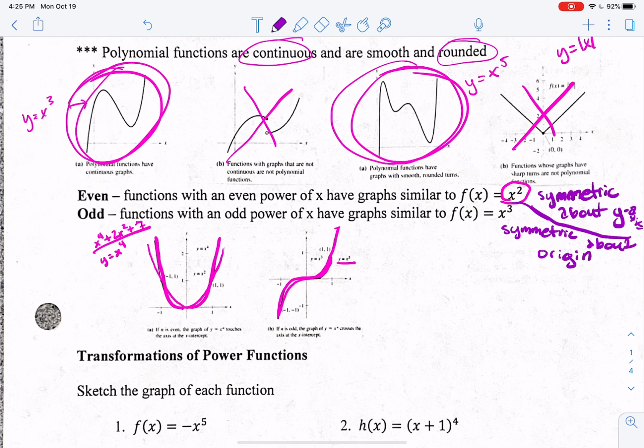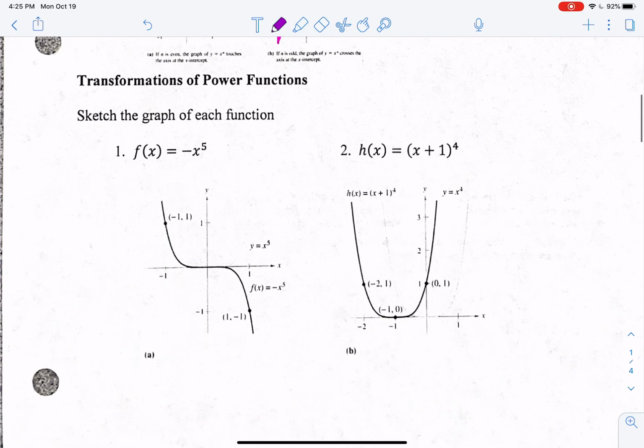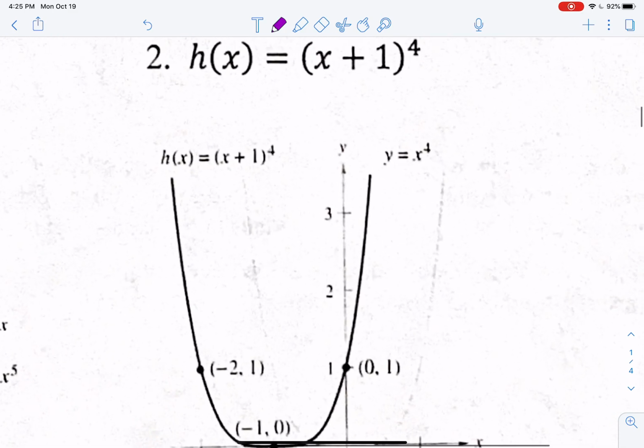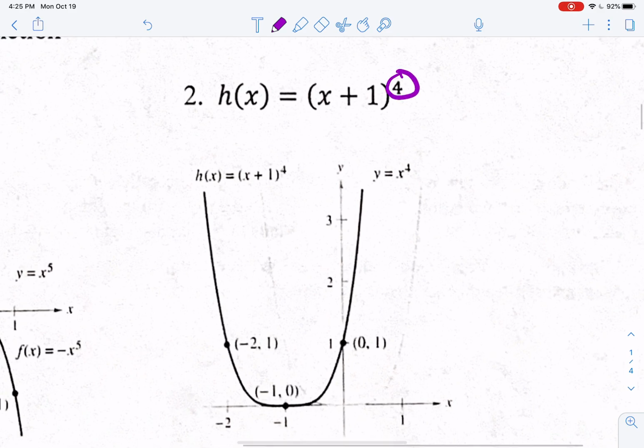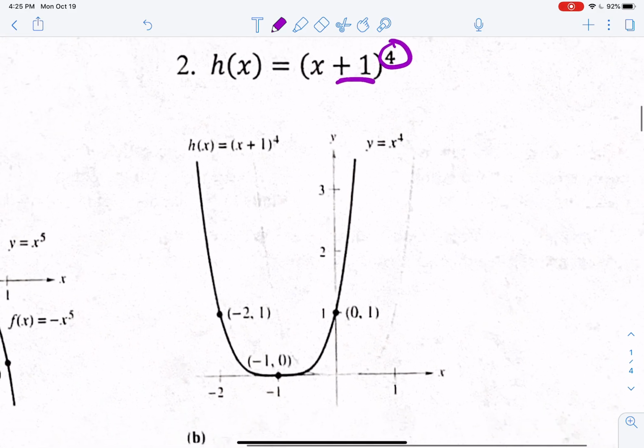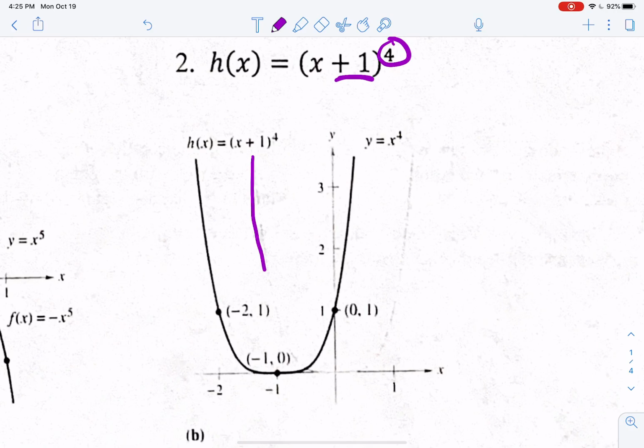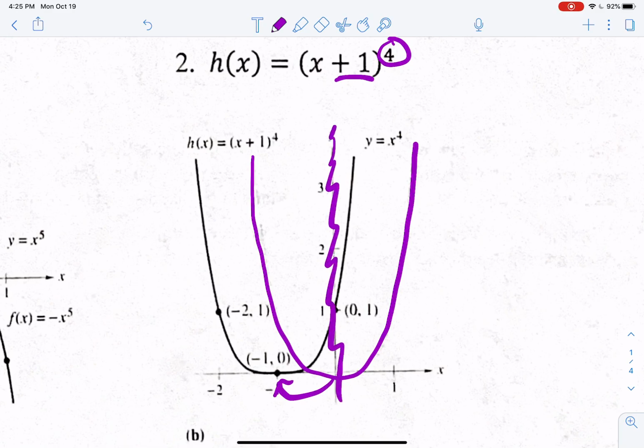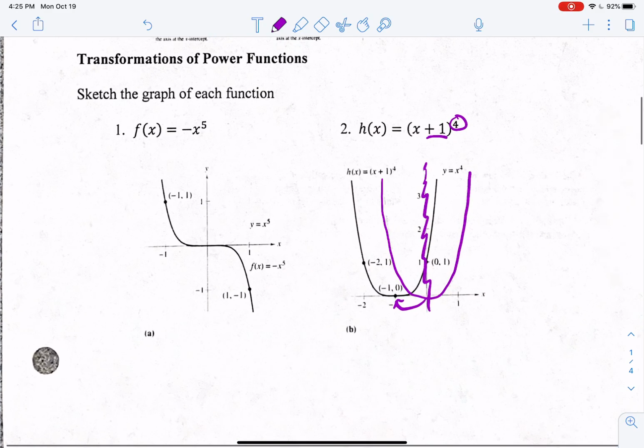Okay. And not every x to the second power function is symmetric with respect to the y-axis. It's not all even functions. Like number 2 down here, for example. This is an x to the fourth power function, but because there's a 1 in there that's shifting him to the left 1 unit, he is no longer symmetric with respect to the y-axis here. So he is not an even function any longer.